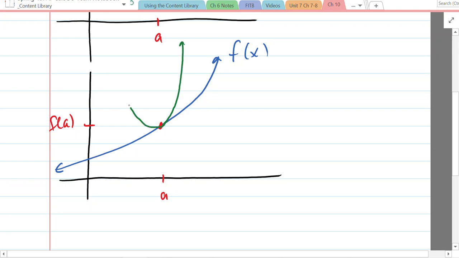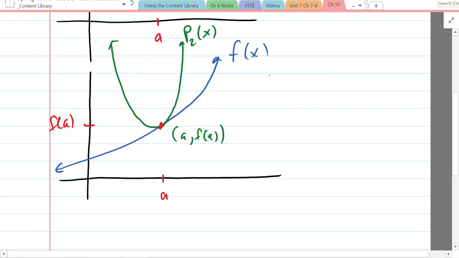So the quadratic and the line share that point. That point there is a, f of a, and that's the point on both. So this is P second order, a second order approximation.